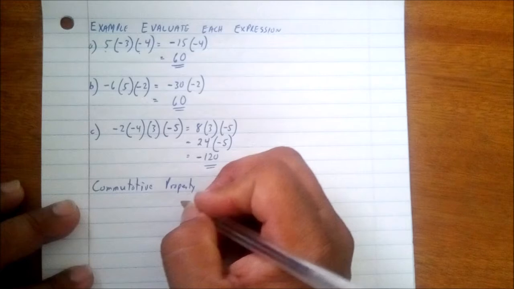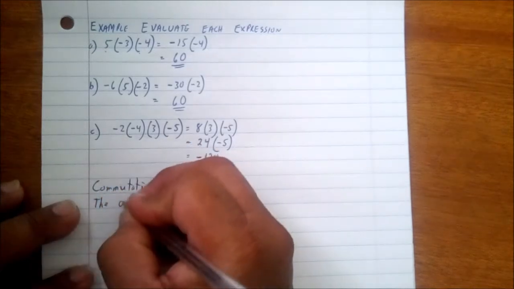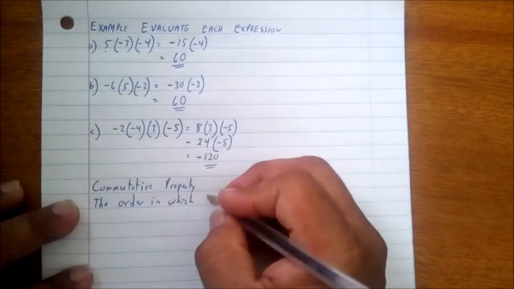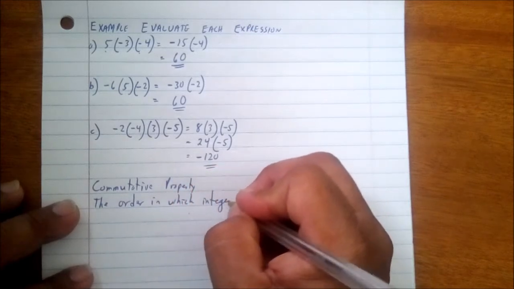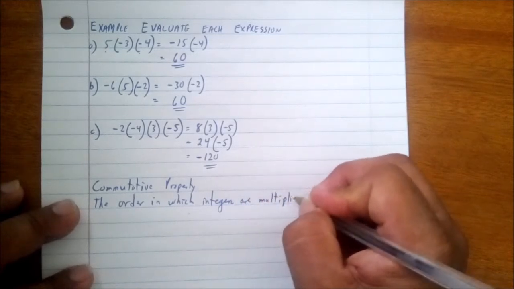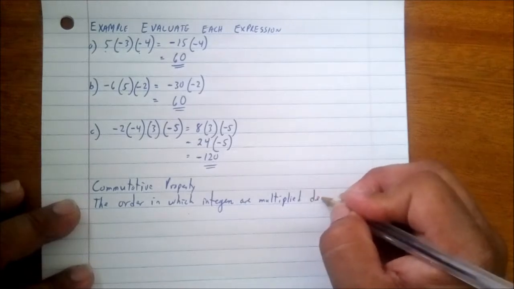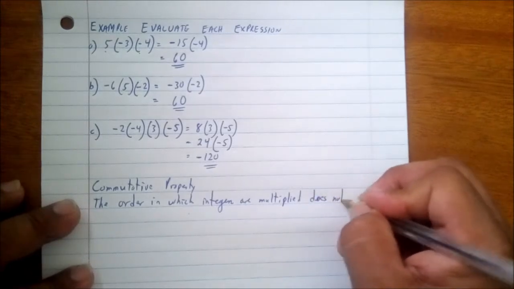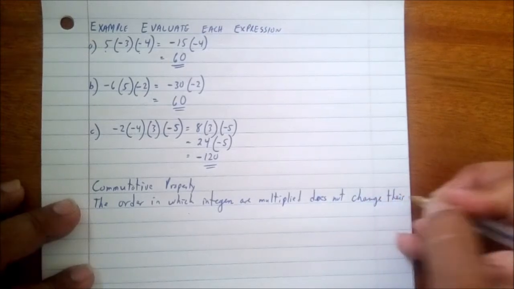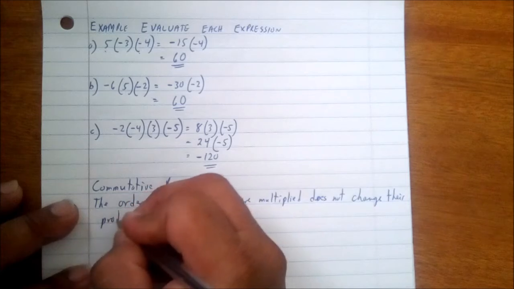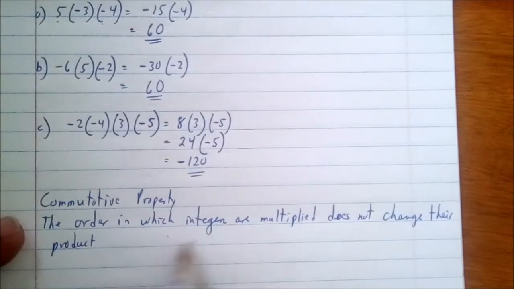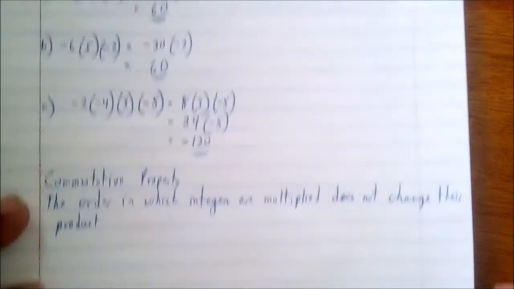This is for multiplication: the order in which integers are multiplied does not change their product. Zoom in a little bit more there. The order in which integers are multiplied does not change their product.